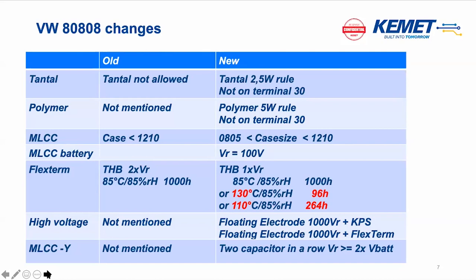They changed it to have a minimum case size and a maximum case size. So right now you can use everything: 0805, 1206, 1210 is what you had to use, at least on the terminal 30 clamp battery. Also, the rated voltage is up to 100 volt, and I'll come to that in more detail in a few slides.